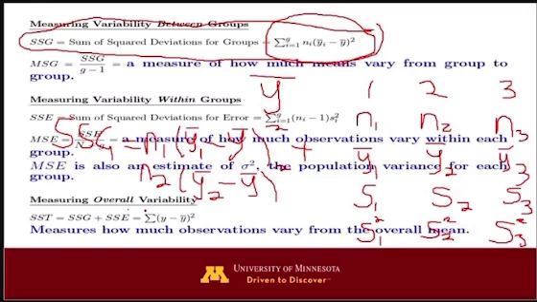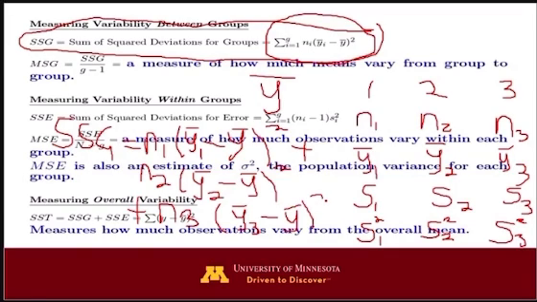Then I'm going to go to the last one. If I have three groups, it's the sample size for the third sample, N3, times y bar 3 minus y bar, all squared.